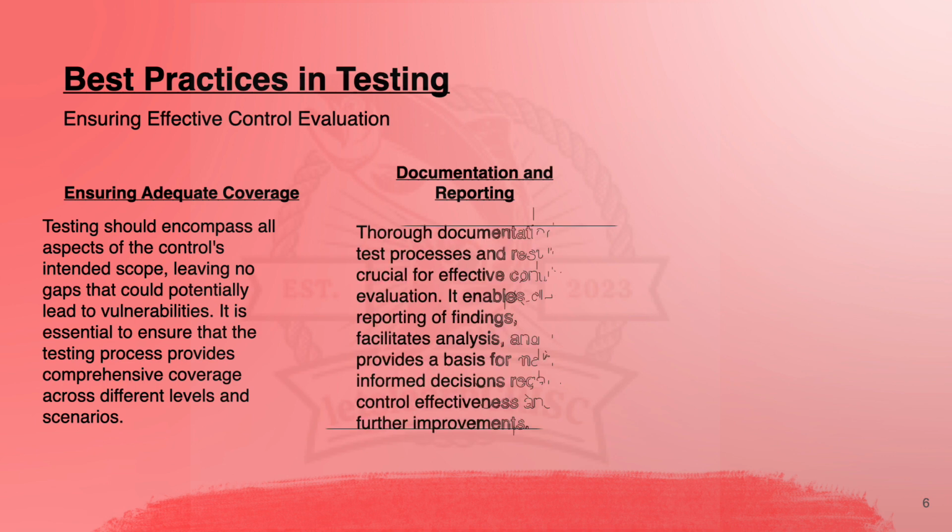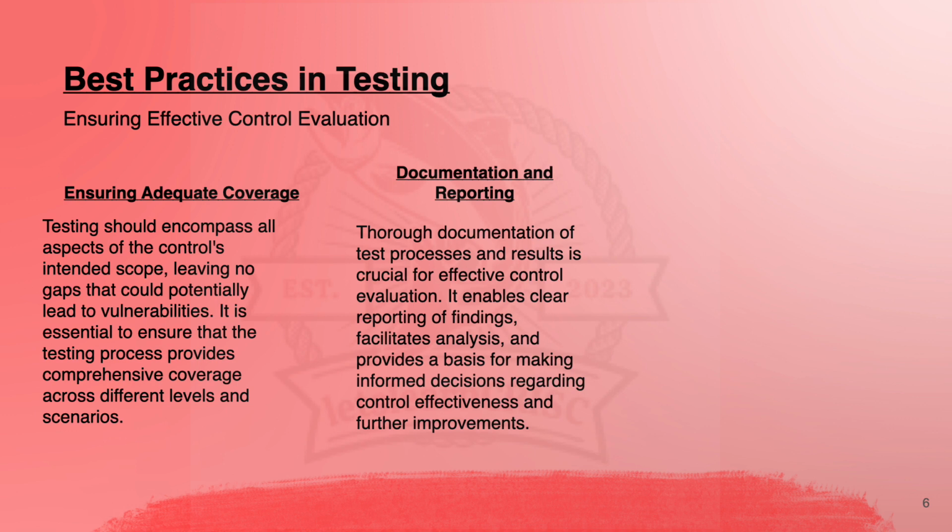Moving next is documentation and reporting. In this, friends, it's crucial to keep a detailed record of the testing processes and results. This documentation helps in reporting the findings, analyzing the effectiveness of controls, and making informed decisions on how to improve them, right?